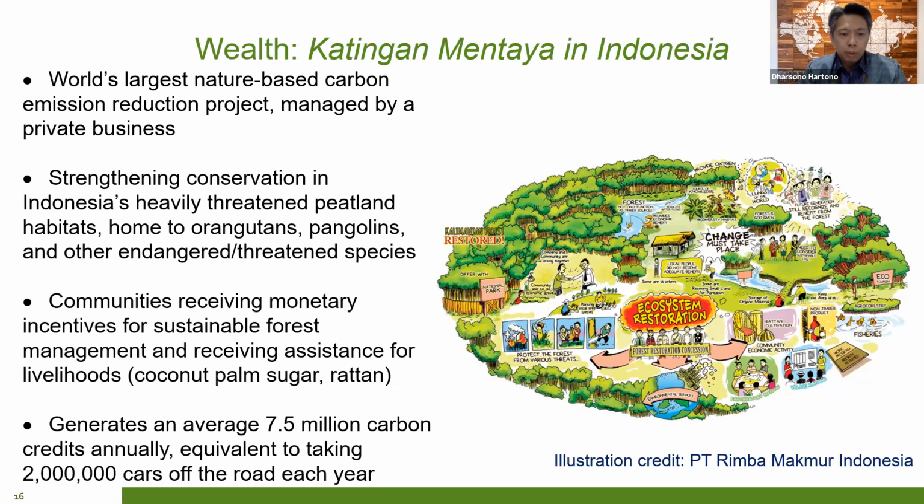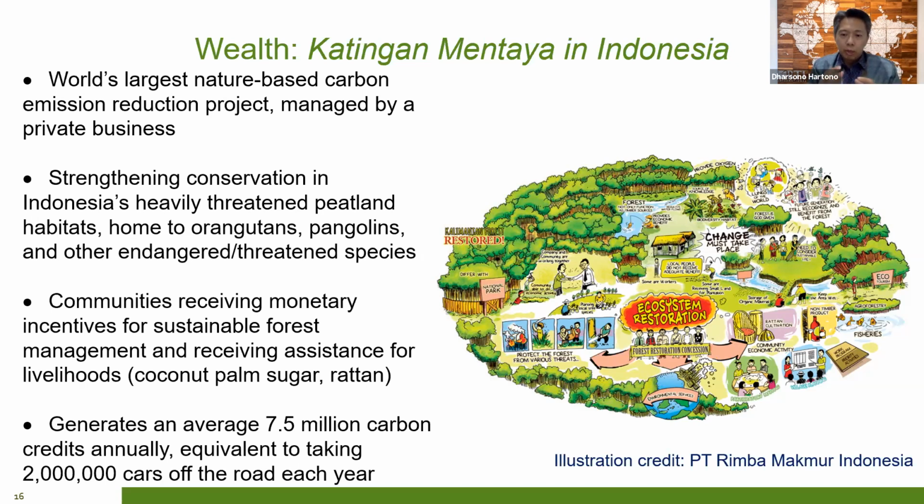But most importantly, we are not only talking about strengthening conservation in Indonesia's heavily threatened peatland habitat, which is home to the orangutan, the pangolins, and other endangered, threatened species. More importantly, it's about how we can engage with communities so that they become sustainable. We're transforming their traditional slash and burn farming into more productive, no chemical, no slash and burn farming.